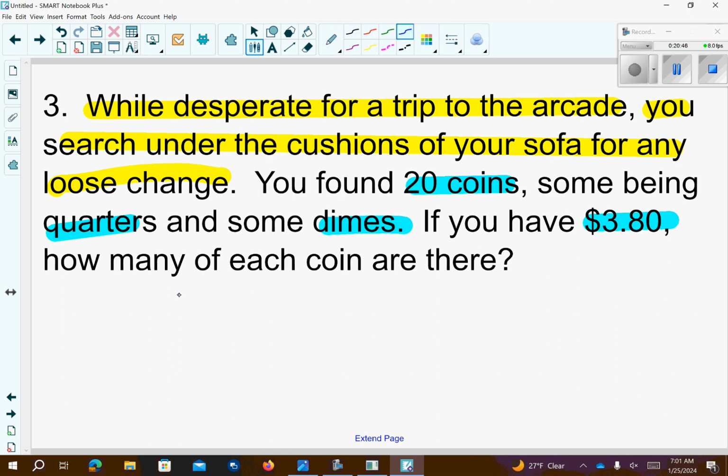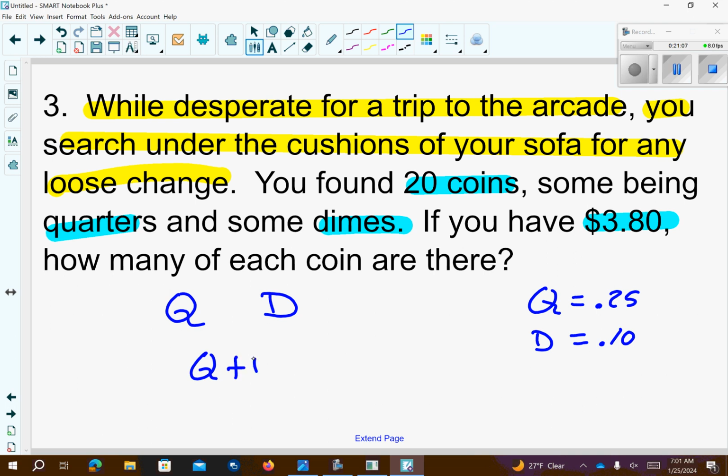Okay, so we have quarters, we have dimes. So we know that a quarter is worth 25 cents and a dime is worth 10 cents. So we found 20 coins total, so our quarters and our dimes, and there's 20 of them.